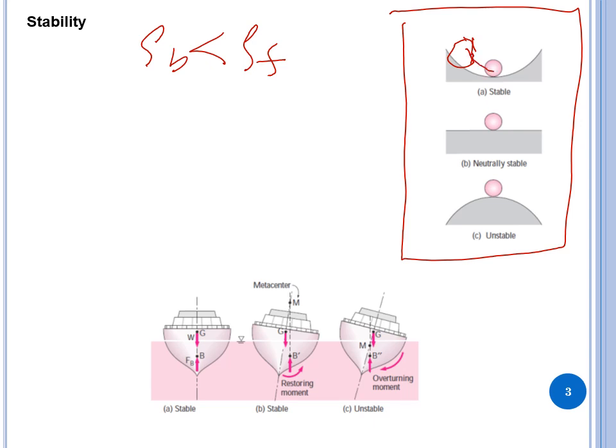It will come down, come to the initial place, because of inertia will go up, lose energy, become stationary and come back. So it will oscillate, and over time it will come back to its original position. This is a typical example of a stable system.